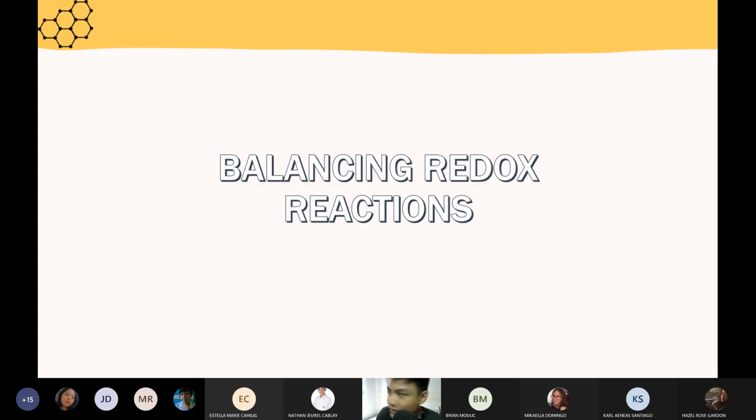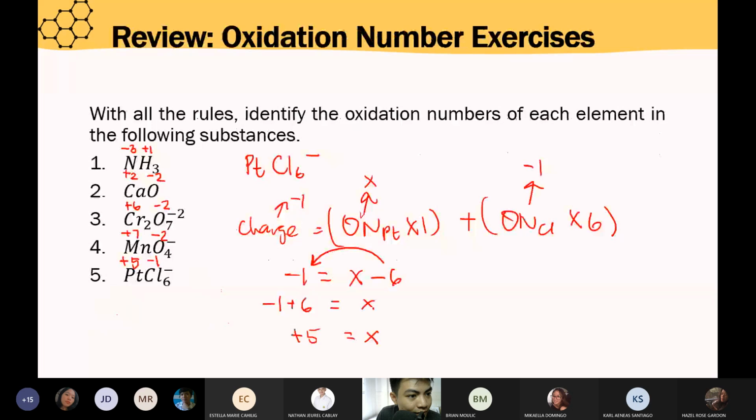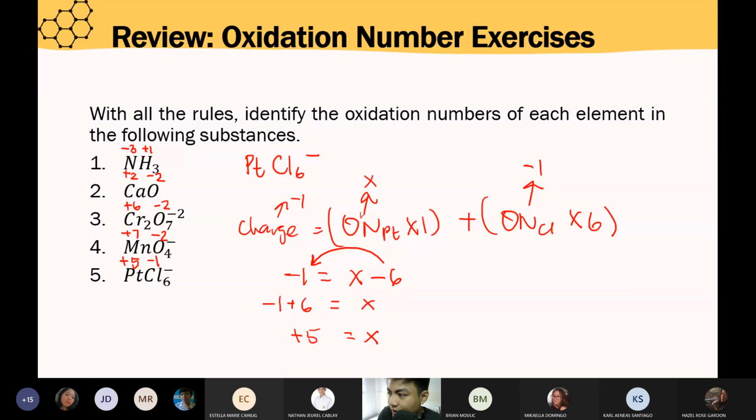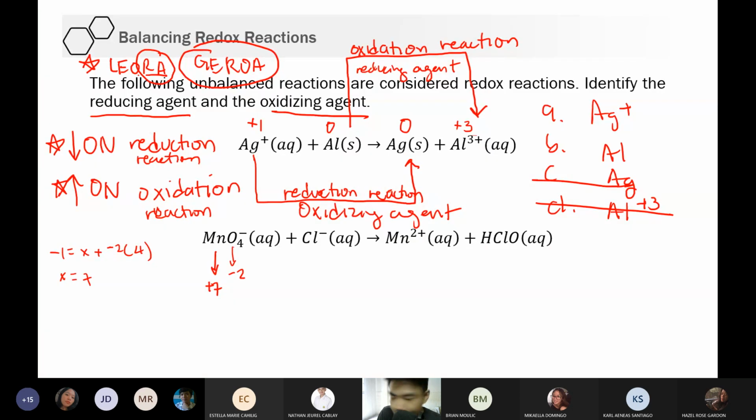Ayan na. So, 7, negative 2. So, copyhin mo lang, kasi solve na natin siya earlier. Ayan. So, yeah, ganun.